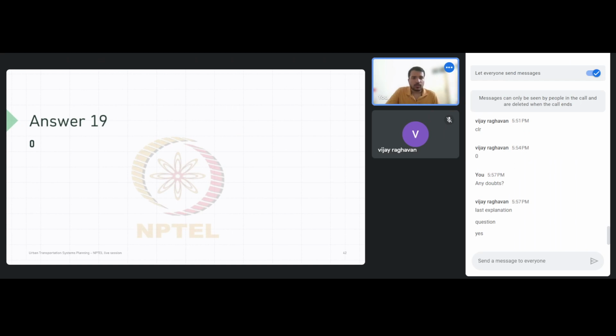Okay. See, in nested logit, what we do is club two modes together. We club bus and metro in one mode, that is transit. So we have utility for bus, we have utility for metro, and we have an overall utility for the transit level. First we will choose between car and transit. Once we have chosen transit, we will choose whether to go for bus or metro. That is later. Here we are changing the utility of bus.